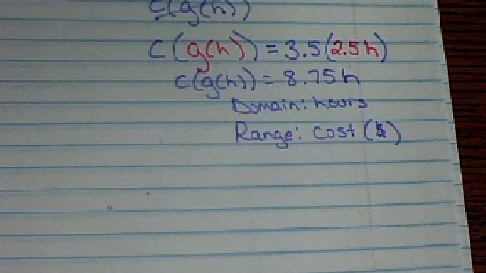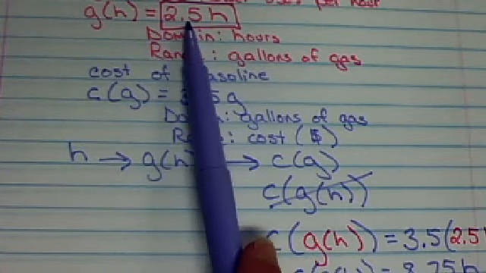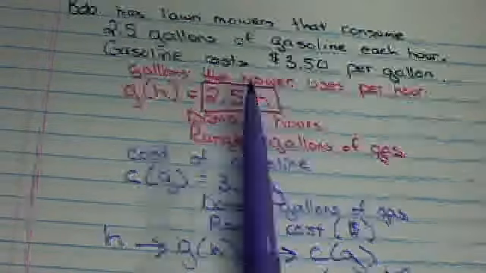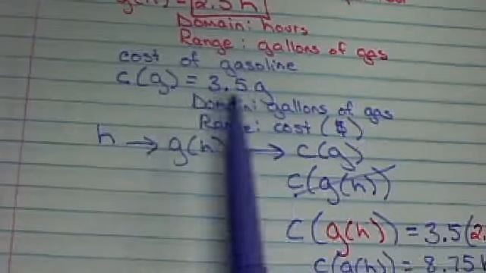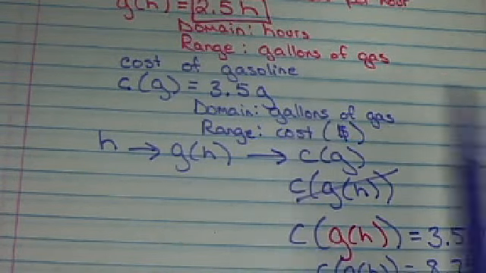So what this actually tells me, if we really want to start digging into this, each of these coefficients of our variable were those rate of changes. This one was 2.5 gallons per hour. 3.5 was the cost per gallon.